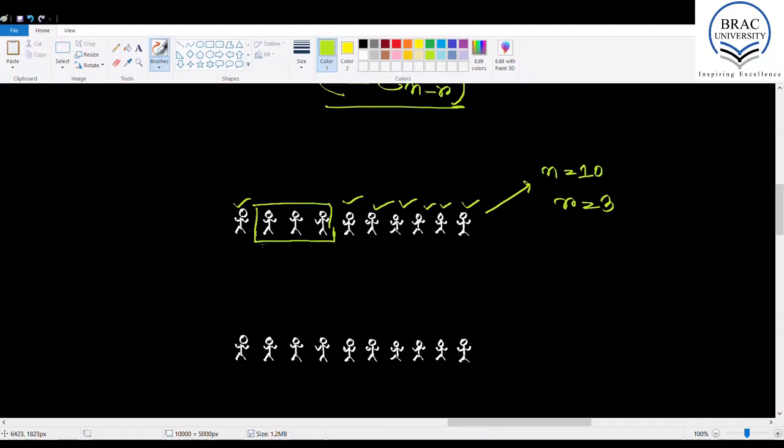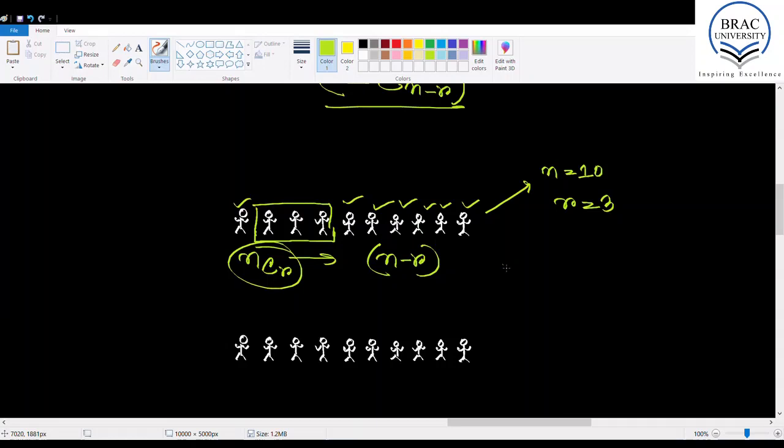So for each selection, if you select r students, there are a lot of selections. If you select r students, n minus r students are automatically deselected, right? So for each selection, there must be a corresponding deselection.